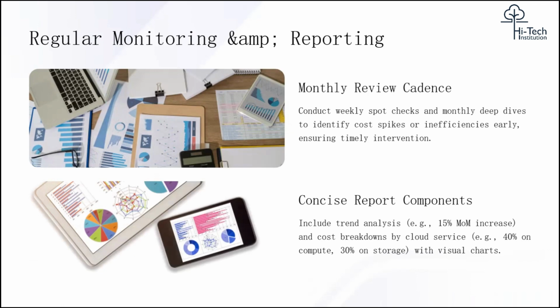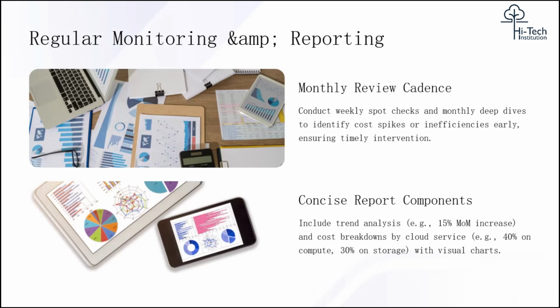Okay, so what they would do is they would check every week and every month for deep analysis. Just for example, if the company is getting a bill of 10,000 for the last month since January, and in February the price goes up to 11,500, then literally in this scenario the billing has increased by 15%.